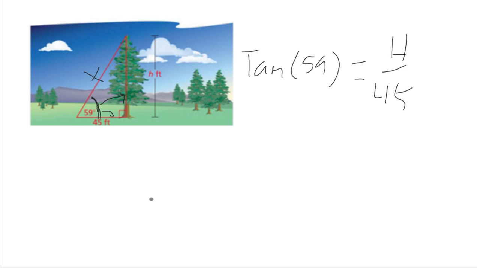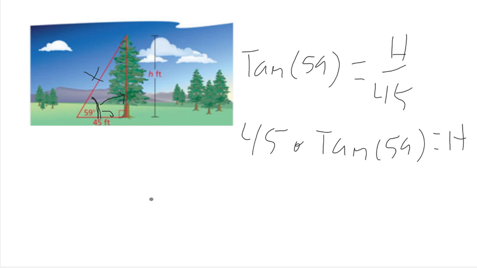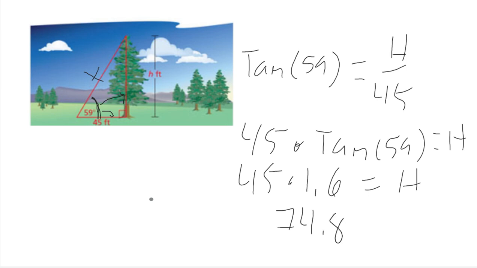I'm going to multiply 45 up. So 45 times tangent of 59 is equal to h. And tangent of 59 is 1.6. And again, I just plug that into my calculator. And then times 45 is 74.89 feet.